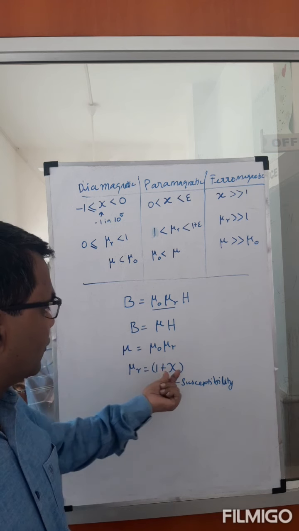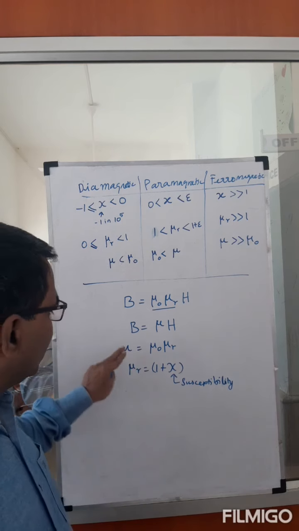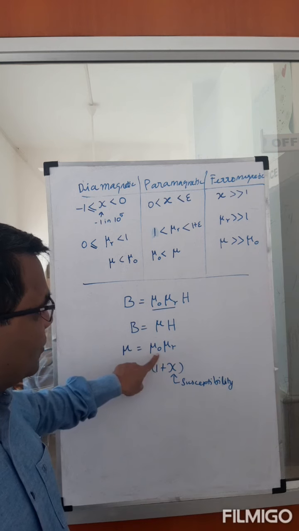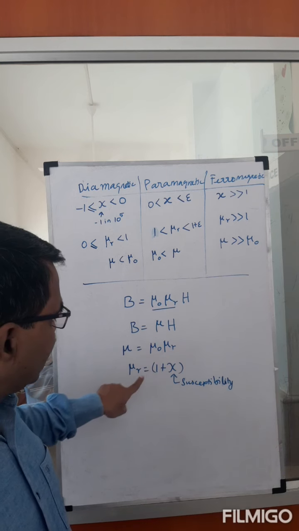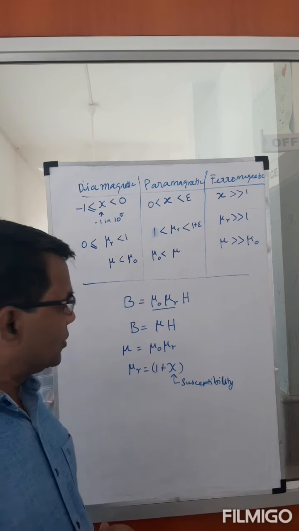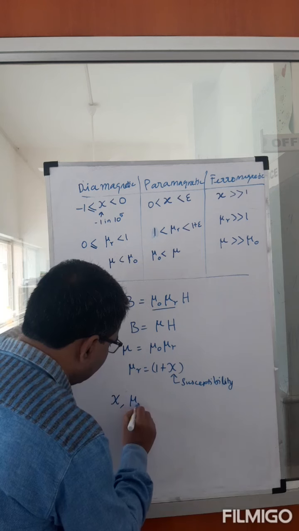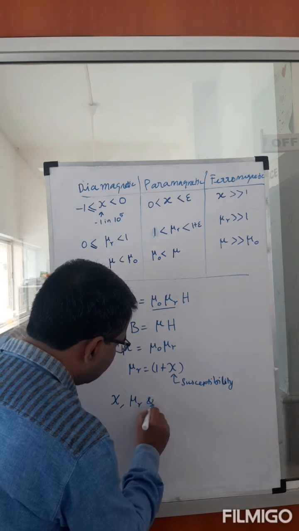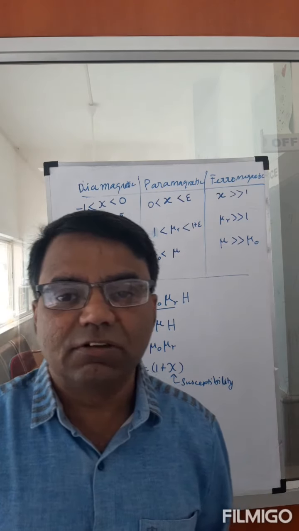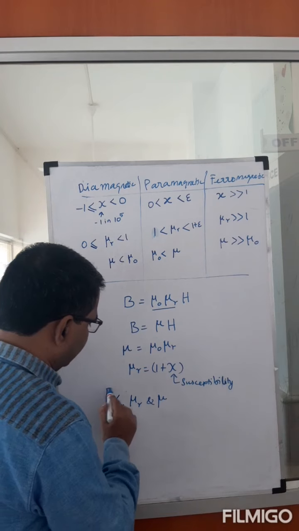So mu r I found from this, and now I can find mu. Or if I know mu, then I can find mu r, because I know this value. And if I find mu r, then I can find the susceptibility also. So these three quantities, xi, mu r, and mu, are dependent on each other. If you know one, you can find the other two.